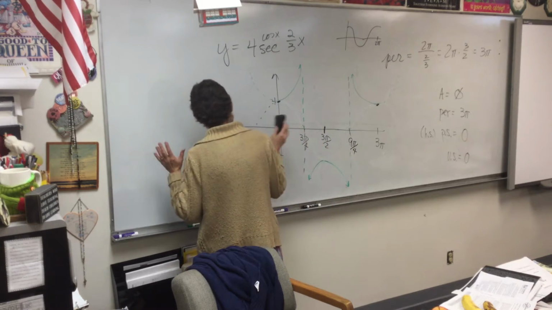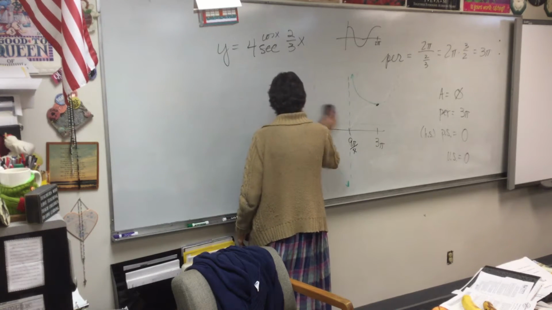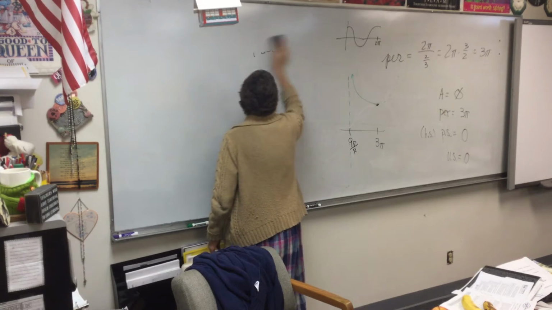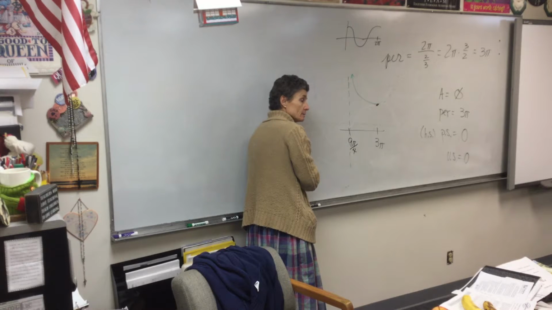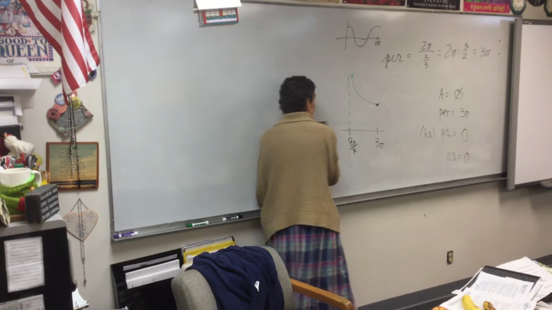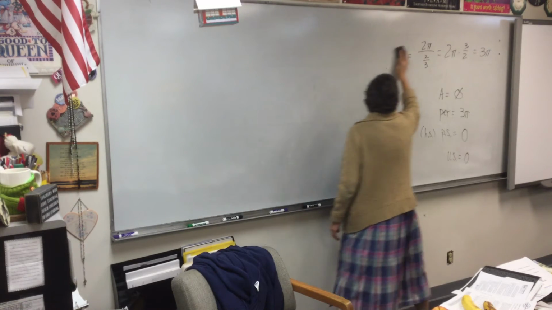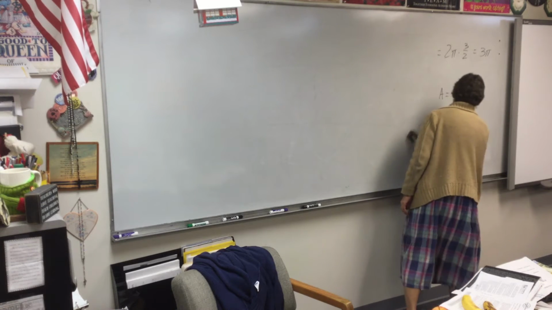Tangent and cotangent are totally different pictures, right? Can you tell me what a tangent looks like? Which one of your BFFs does it look like? It's not a BFF, but it looks like one of them. Looks like a cubing function, doesn't it?